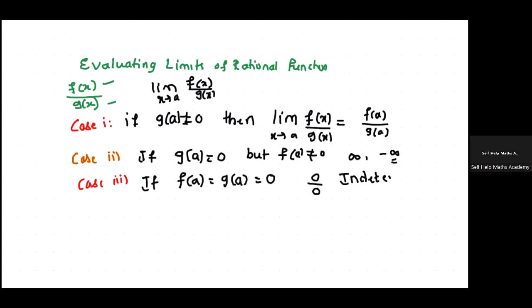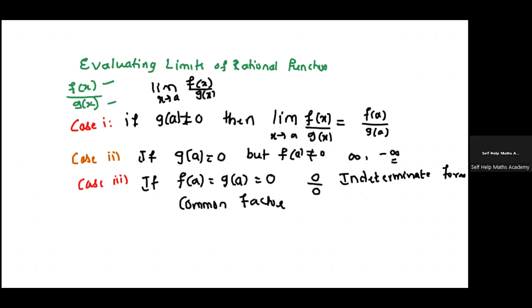If that is the case, then you have to find the common factor between f of x and g of x, take it out, simplify both f of x and g of x, and then apply the limit. That's how we have to proceed.